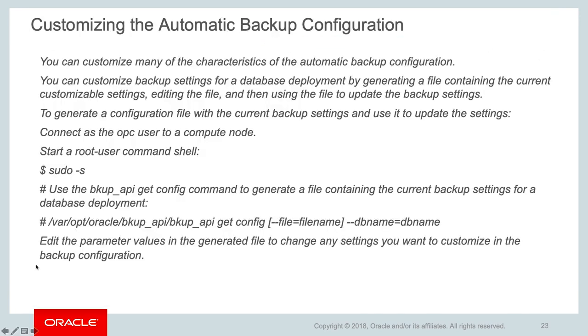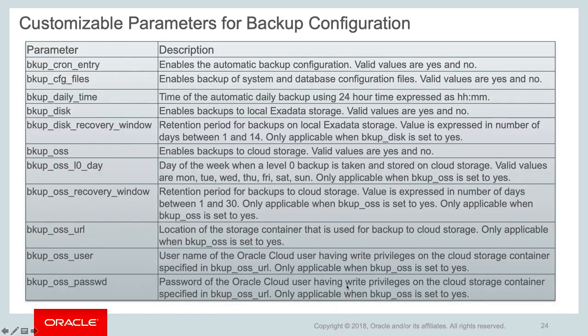Once you know the values, you can customize the automatic backup configuration, and for customizing it, again, you need to log in to your Exadata compute node, I would log into your first node as a root user, and then you need to specify backup API commands like get config. It is going to show you all the backup configuration, and we would also be able to change the specific values.